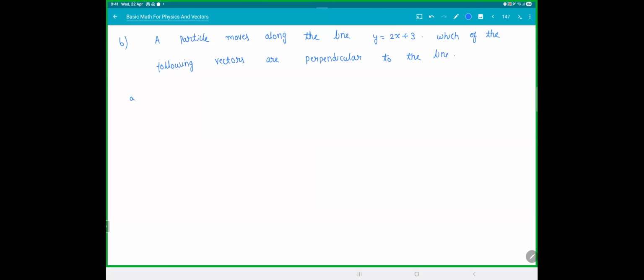They'll mostly give you options there, like 2i plus j. Because if I just ask you to find the vector, there are actually infinite vectors which are perpendicular. They have to play with the options only.